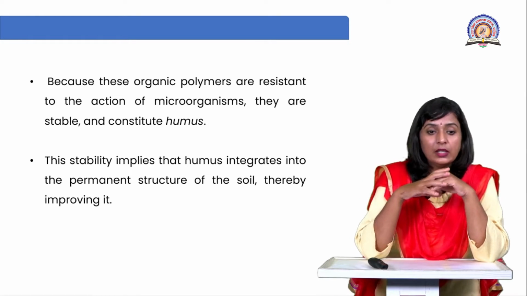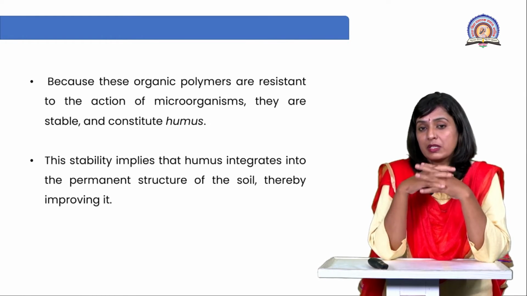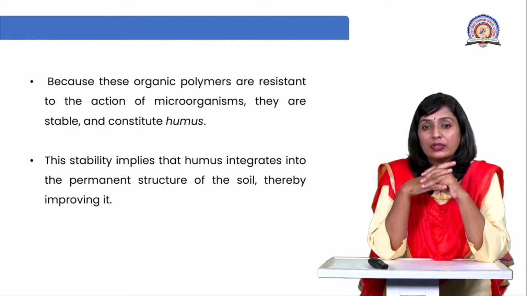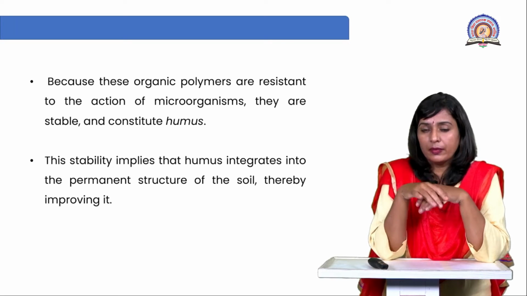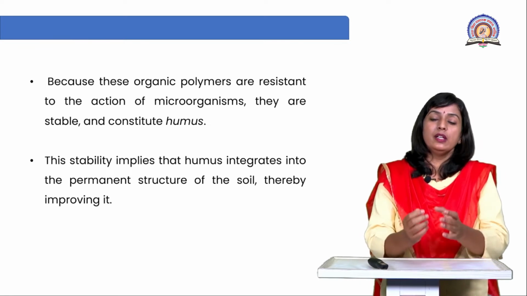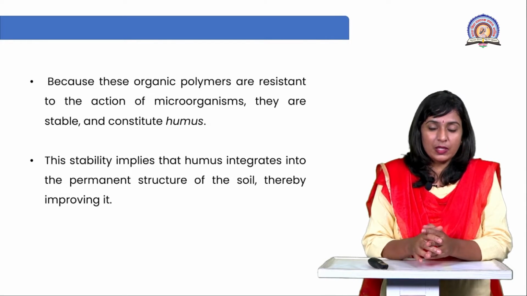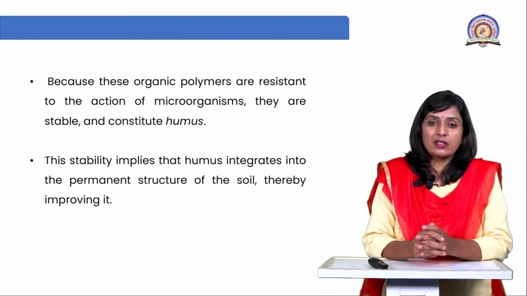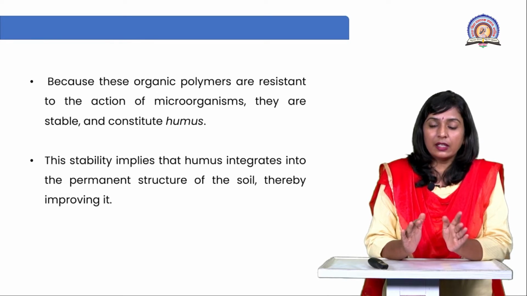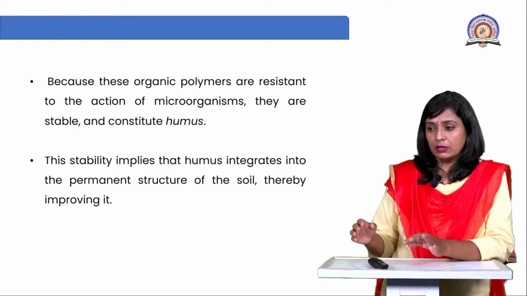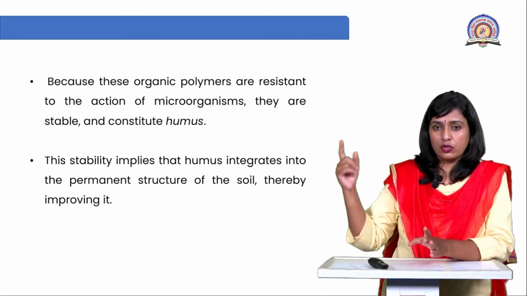Now humus, why is it called stable humus, or what does stable mean? Let me correlate it with something. We often say that a person who was ill, suppose admitted in the hospital, is now stable, quite stable. That means steady. Again, suppose there was a storm.